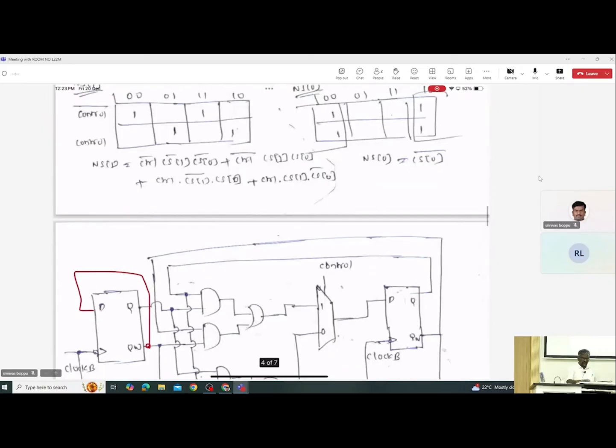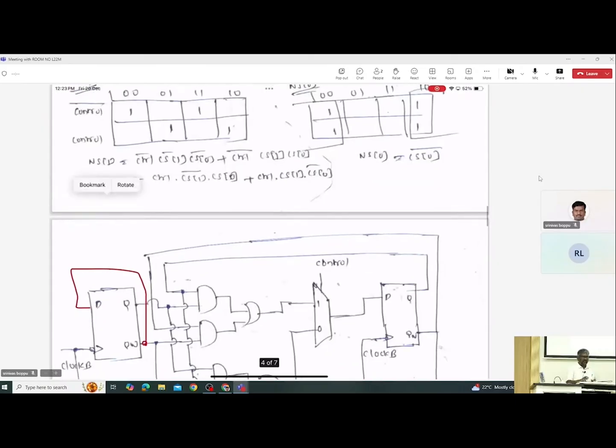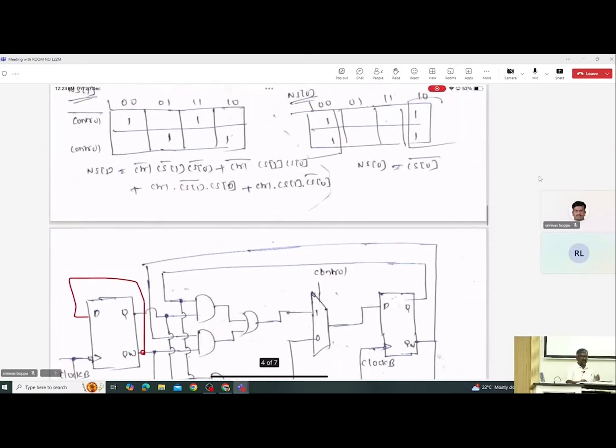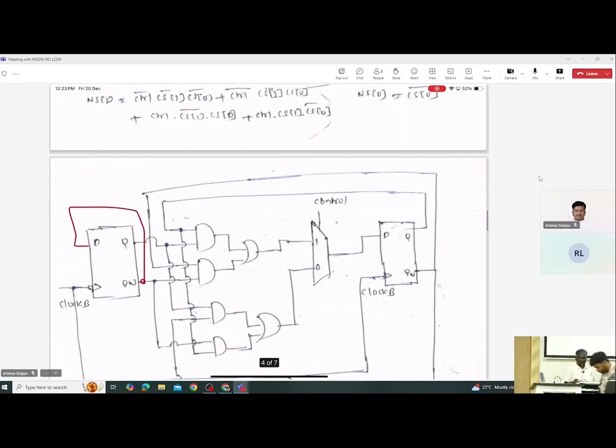The next state 1 equation is a bit more complicated. This part of the equation is with control bar, and the last two terms are with control. So I am simply using a multiplexer, generating the first term and the second term and connecting them.